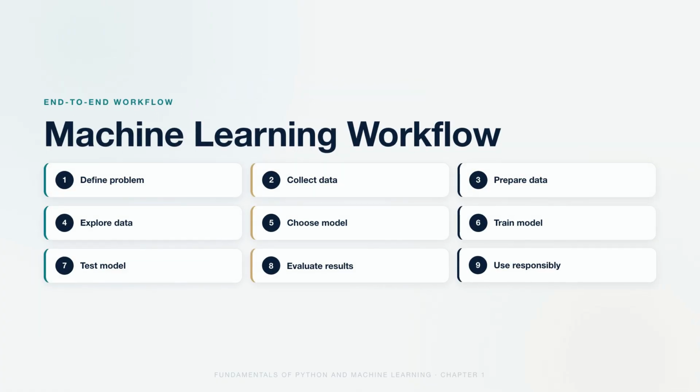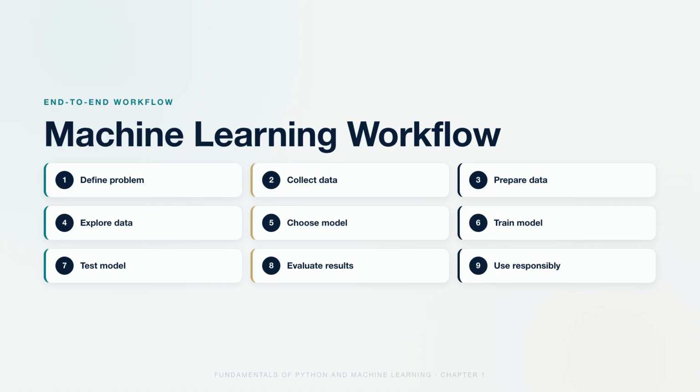Machine learning follows a structured workflow. First, define the problem. What are we trying to predict, classify, or understand? Second, collect the data. Data might come from files, databases, application logs, or public datasets. Third, prepare the data. Real-world data is often messy, so it must be cleaned and organized.